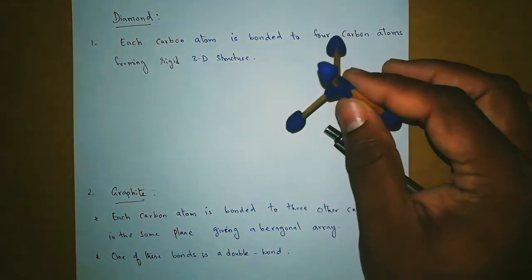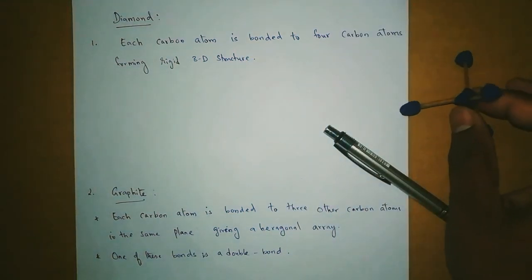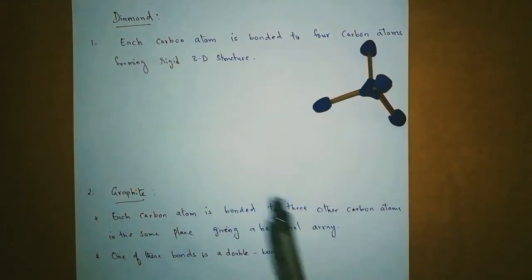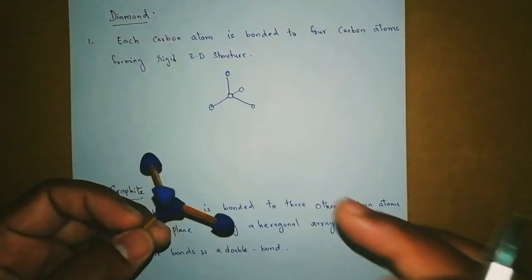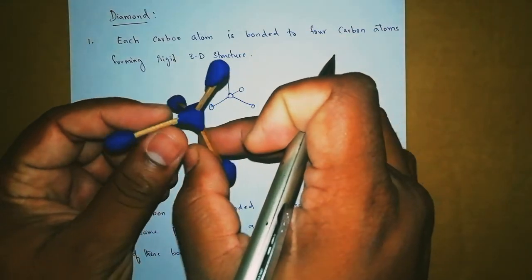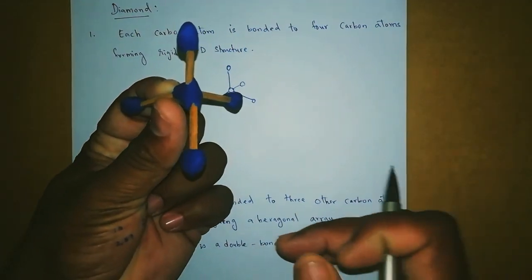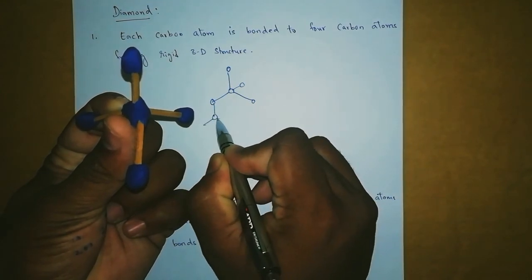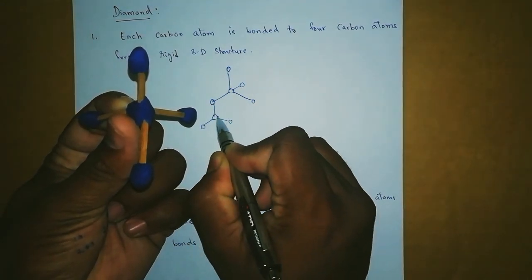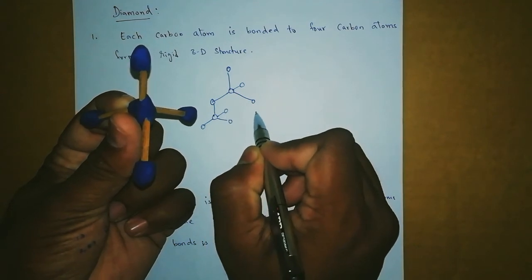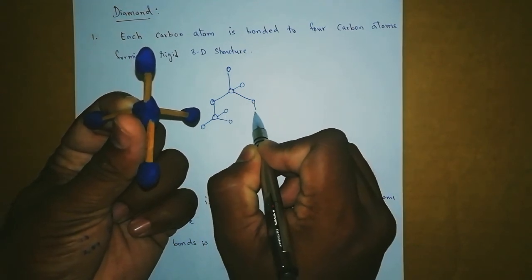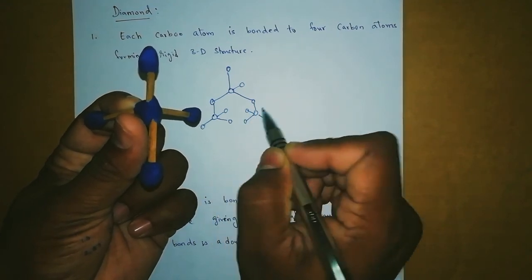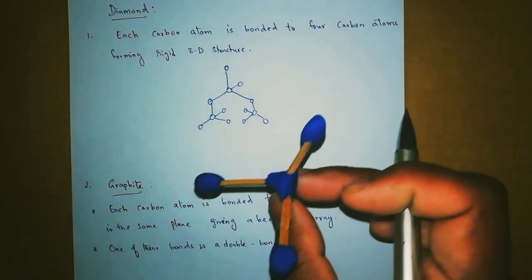Each carbon atom is combined with 4 carbon atoms, forming a rigid 3D structure. Here also you can combine with other atoms, and it keeps on going. So this is what the diamond structure looks like.